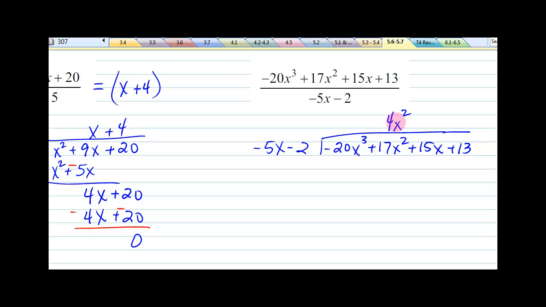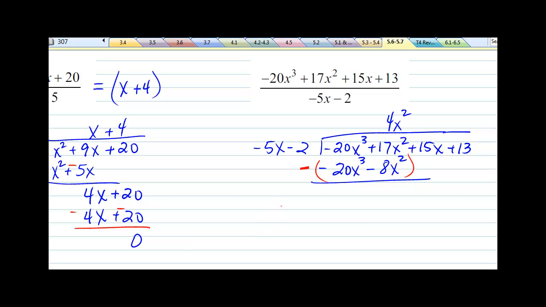So I multiply 4x squared times negative 5x to give me negative 20x cubed. And 4x squared times a negative 2 gives me a minus 8x squared. The trick here, remember, is I have to actually subtract this whole polynomial. What happens when I subtract that?